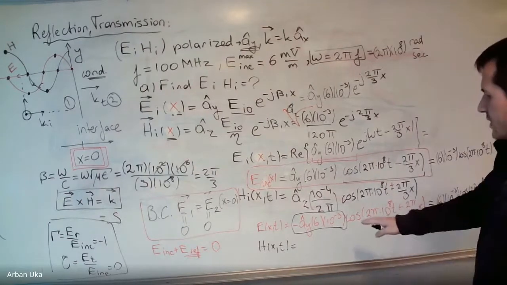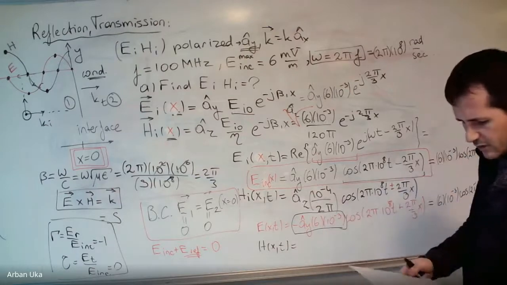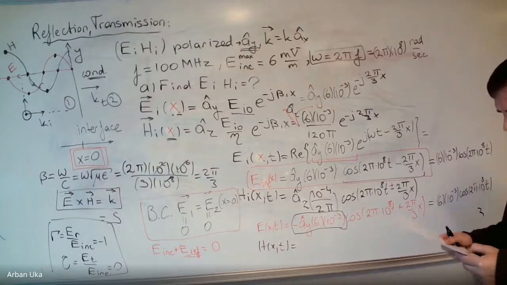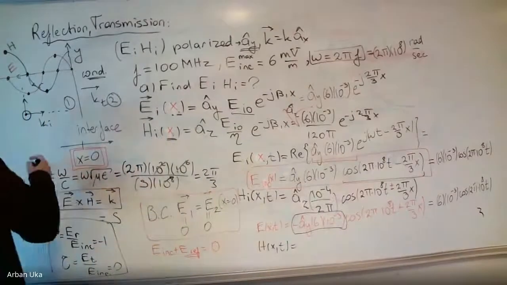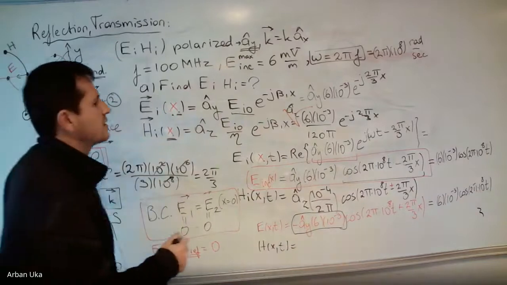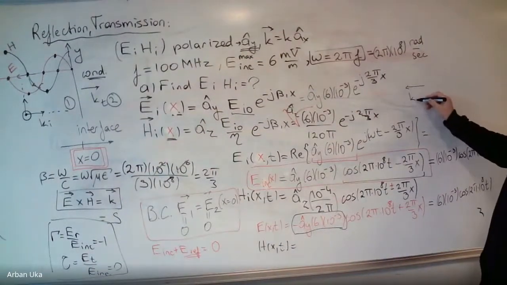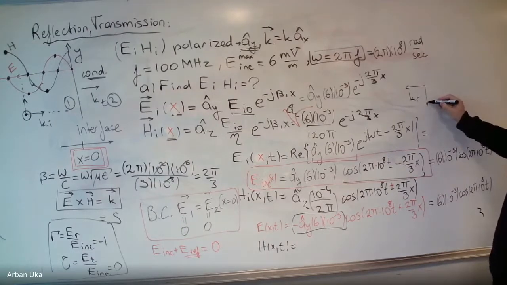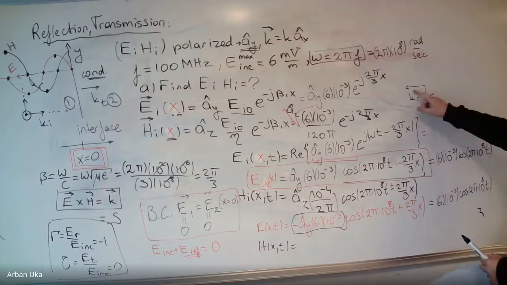And let's have a look at the reflected wave. We did the electric field, so what about the magnetic field component? The incident wave looks like this. The reflected wave has wave vector K reflected, KR, and the electric field is ER. So what should be the direction of the magnetic field in order to get this?